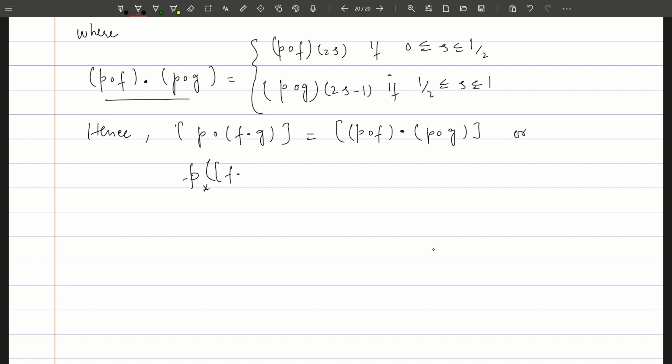So this is by definition f dot g, and this is p star of f dot p star of g. So this proves the lemma that p star is actually a homomorphism.